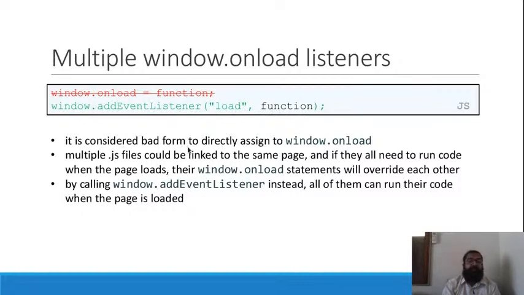It is considered bad form to directly assign to window.onload. Multiple JS files could be linked to the same page, and if they all need to run when the page loads, their window.onload statements will override each other. By calling window.addEventListener instead, all of them can run their code when the page is loaded. So when you use this, that will be better.